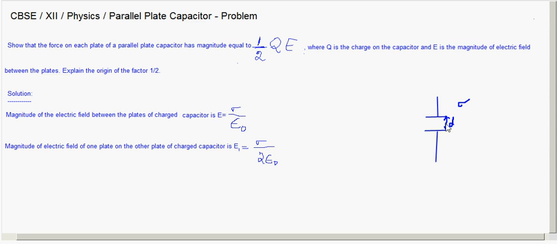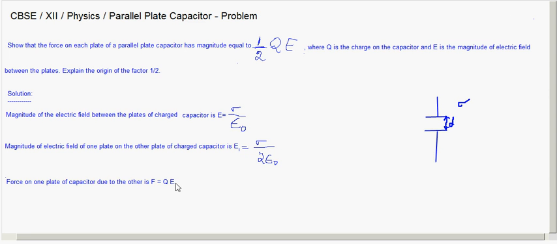And we know force is Q into E. Now consider the force on one plate of charged capacitor due to the other. F is equal to Q into E1, because force is charge multiplied by electric field.